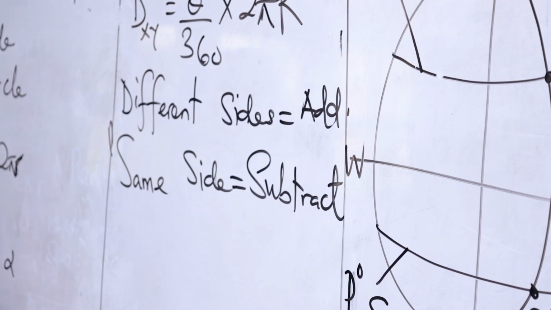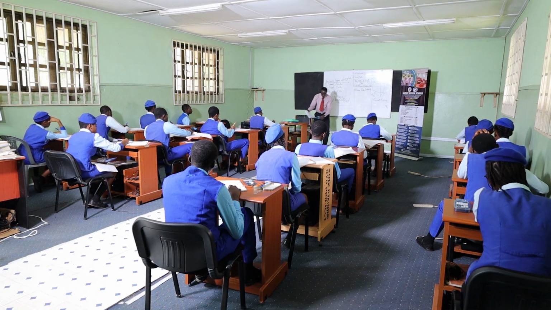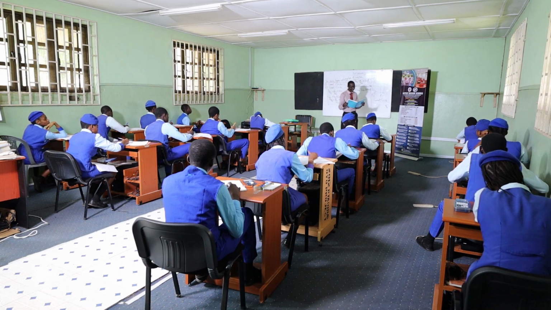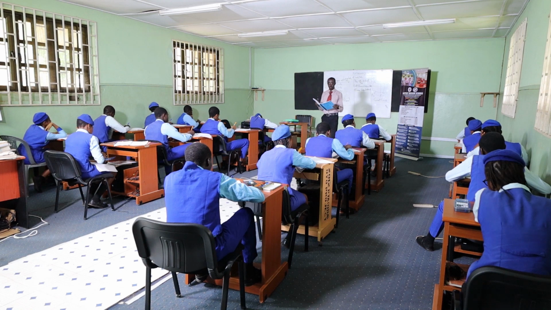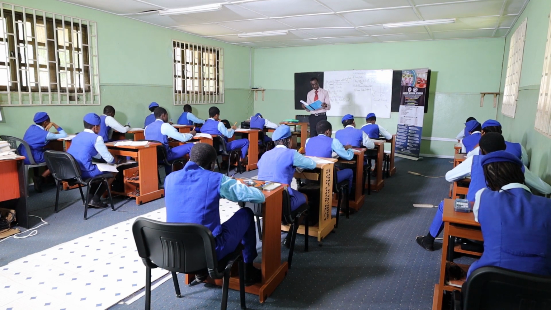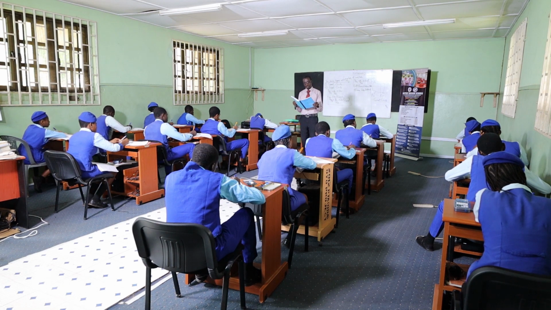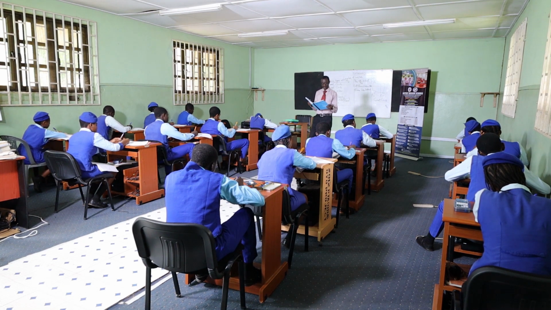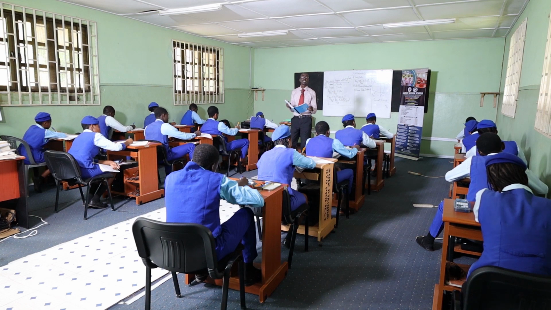All right, so can we quickly write P, open bracket, 40 degrees north, comma, 18 degrees west, close bracket, and Q, open bracket, 40 degrees north, comma, 78 degrees west, close bracket, are two cities on the surface of the earth.